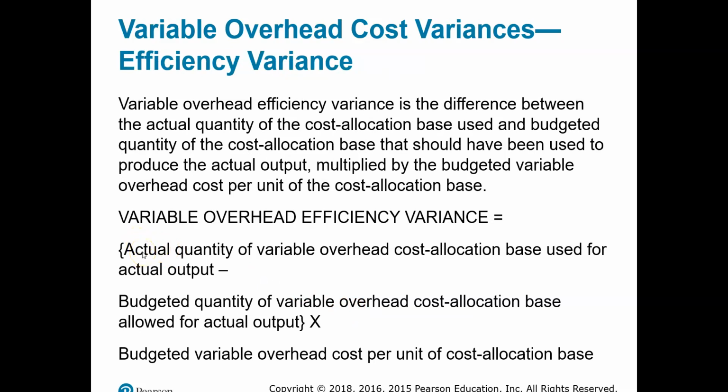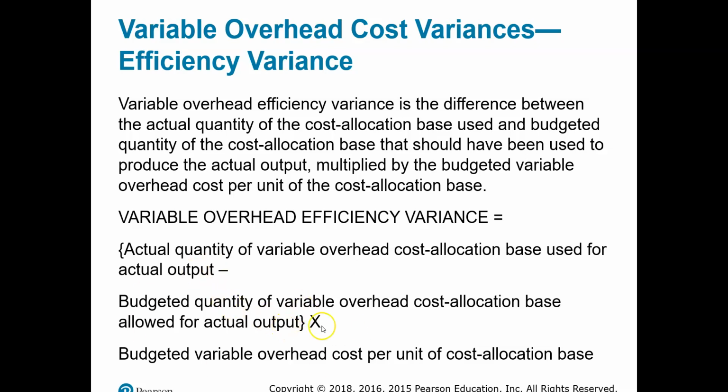Similar to the way we did for the efficiency variances for direct materials and direct labor: the actual quantity of the variable overhead allocation base, so if our allocation base is machine hours, then we're going to take our actual quantity of machine hours minus the budgeted amount of machine hours we should have used for the actual output.